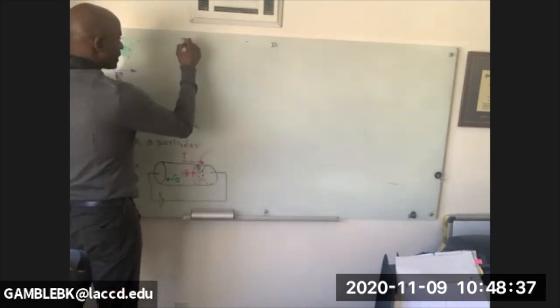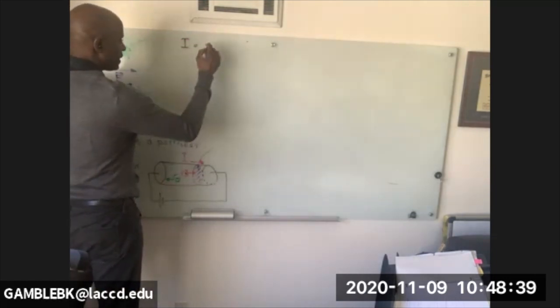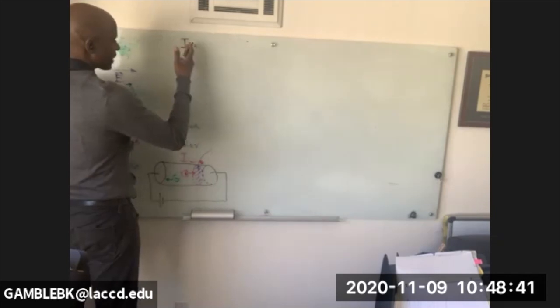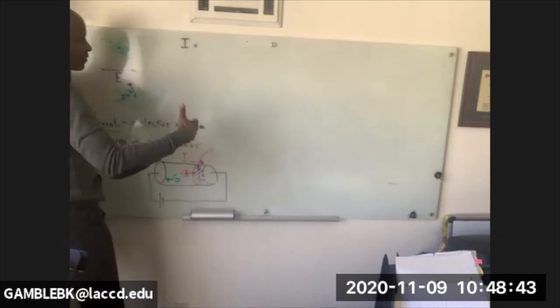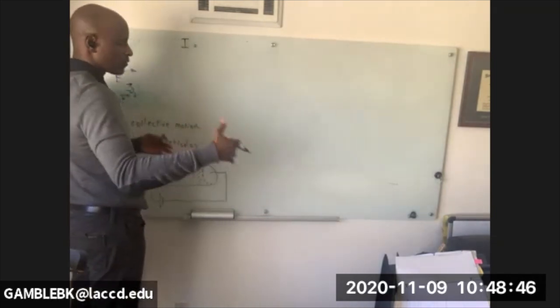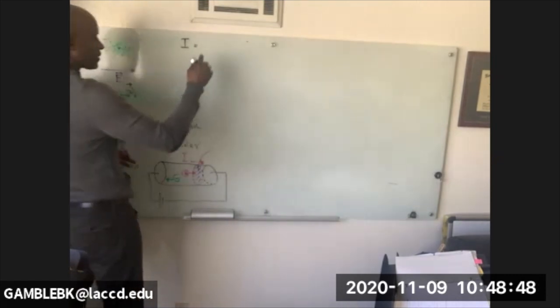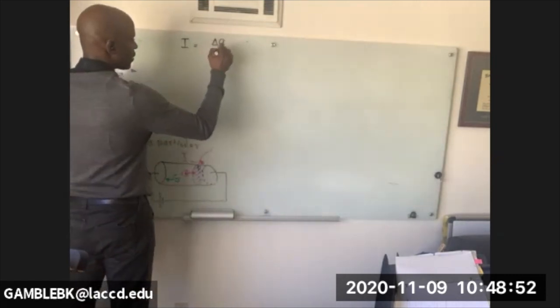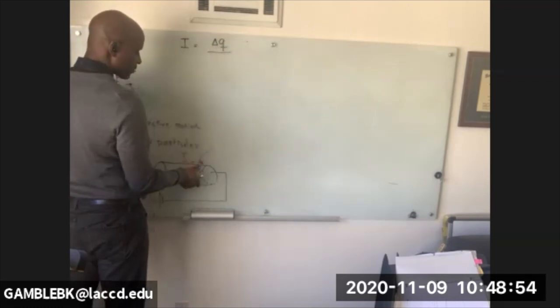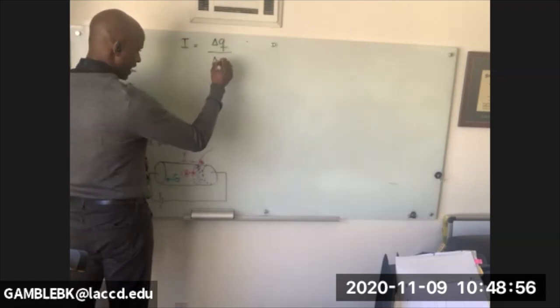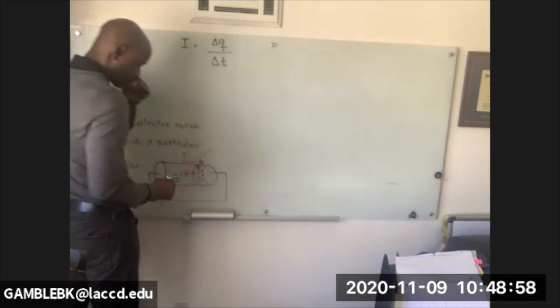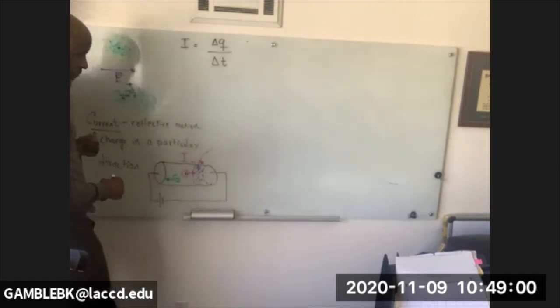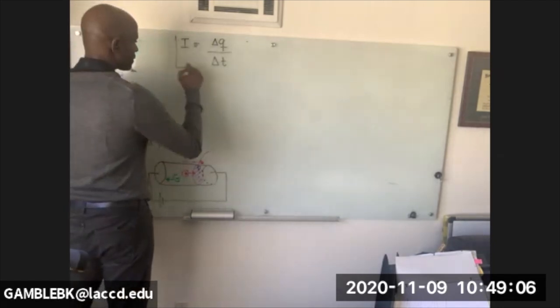Current, I, and capital I is what we use when we imply it's a constant current, a direct current, meaning it's not changing in value, is an amount of charge, delta Q, going through a cross-section area of a wire in a certain amount of time, delta T. So that's the definition of current.